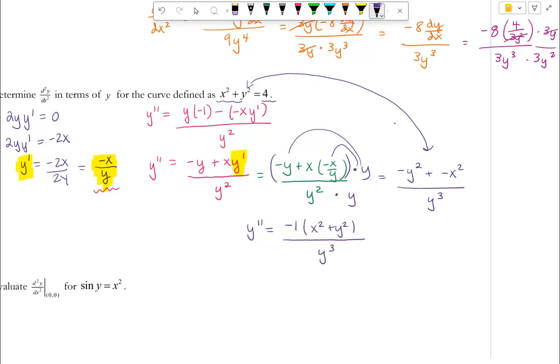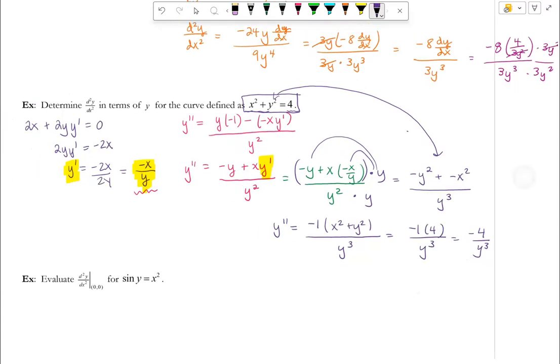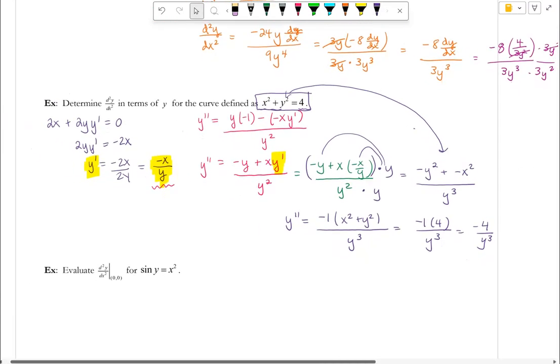And if I think about it, the curve that I'm working with is defined where x squared plus y squared is always 4. So x squared plus y squared is always the number 4, and we end up getting negative 4 over y cubed. There might be some different ways that we could have gotten to that second derivative, and that one can be really tricky, but there is a way that we can rewrite that in terms of y.